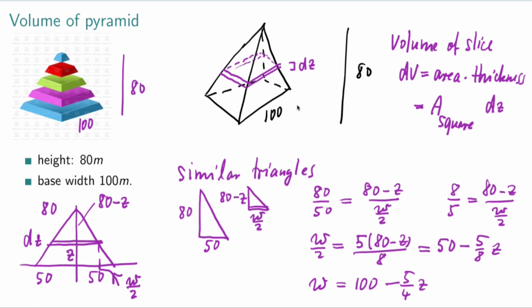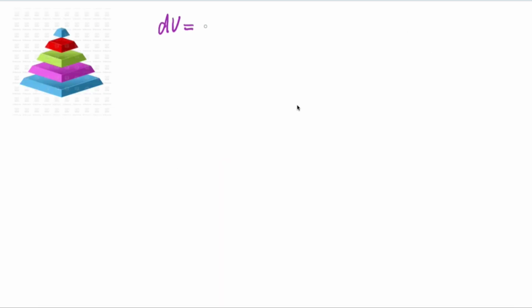So I have w. And from w, I can get the area of the square, which is, of course, w squared. And then I have dz, and so I can integrate this stuff. The small volume element is the area of the square times dz. So this would be then w squared dz. And for w, I have the formula.